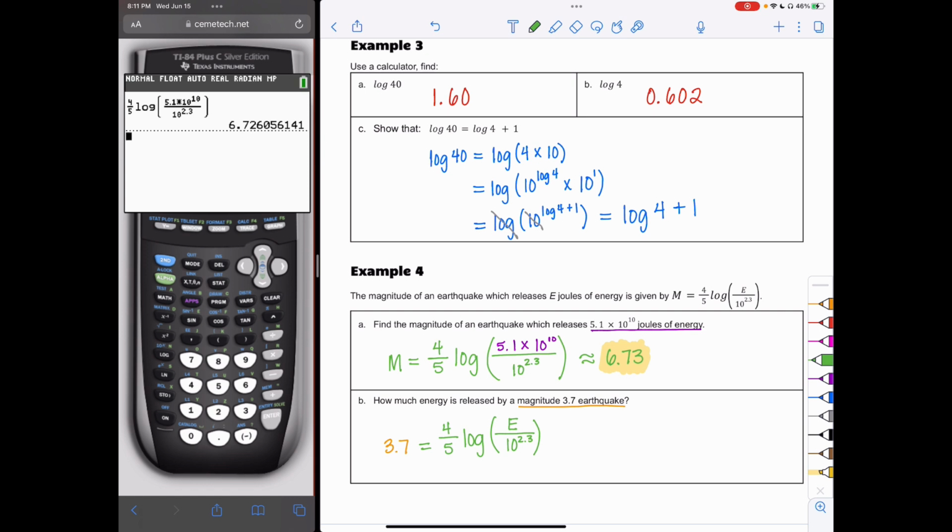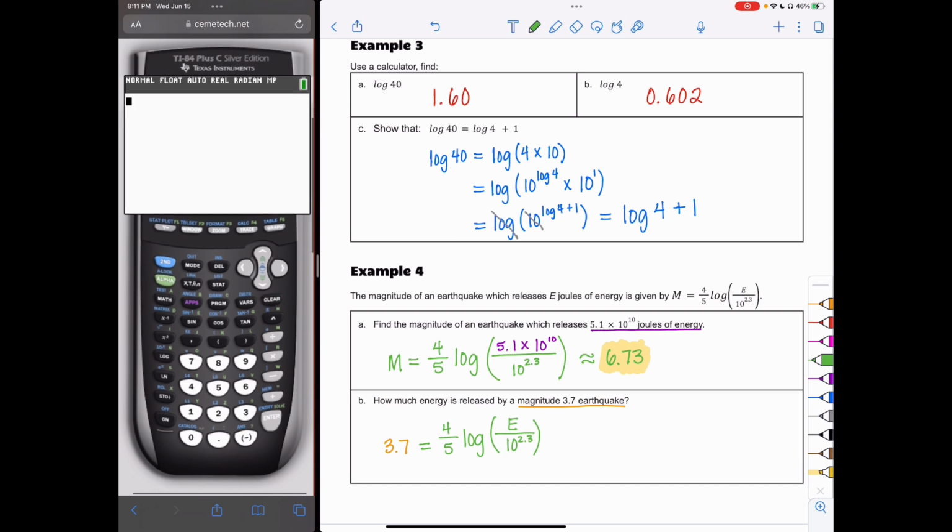So in order to do this, you could, of course, do it by hand by using your inverse operations. But what we are going to do is put this into the equation solver. So in order to get to the equation solver, we are going to press math, and then go to solver, and put the left side of the equation in the part that says E1, and the right side of the equation in the part that says E2.